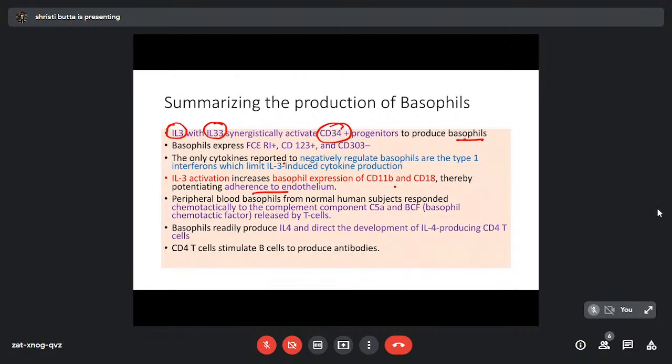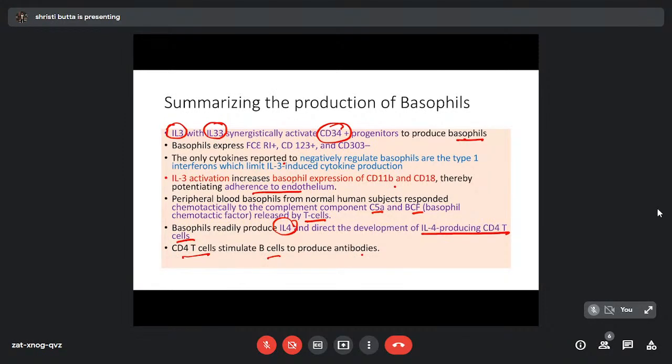Peripheral blood basophils from normal human subjects respond chemotactically to the complement component C5a and basophil chemotactic factors released by the T cells. Basophils readily produce IL-4 and direct the development of IL-4 producing CD4 cells. CD4 plus T cells thereafter stimulate the B cells to produce antibodies. So this is the complete thing about basophils.